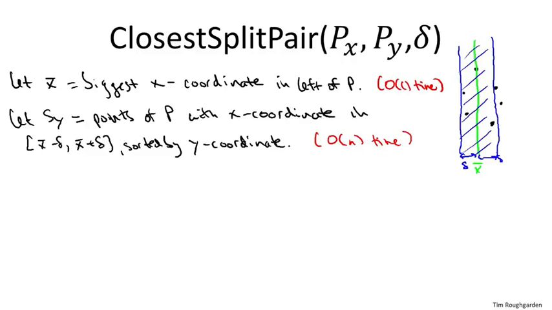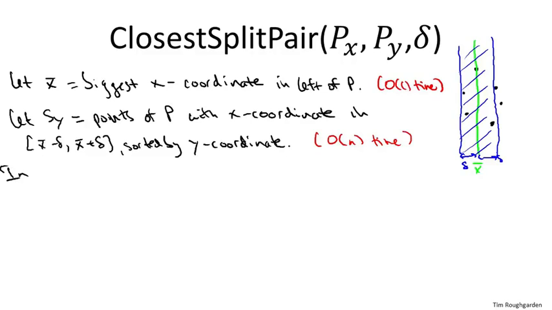Now it's the rest of the subroutine where you're never going to believe me that it does anything useful. I claim that essentially with a linear scan through Sy, we're going to be able to identify the closest split pair of points in the interesting, unlucky case where there is such a split pair with distance less than delta. So here's what I mean by that linear scan through Sy.